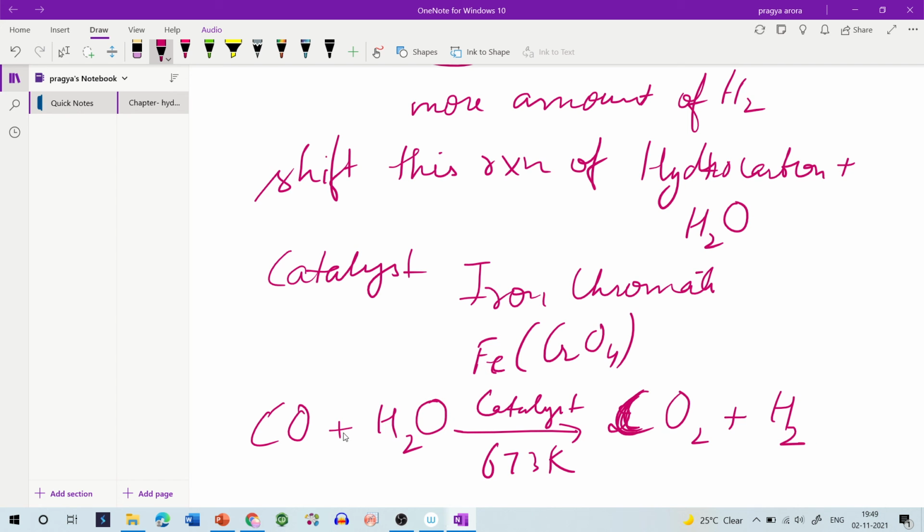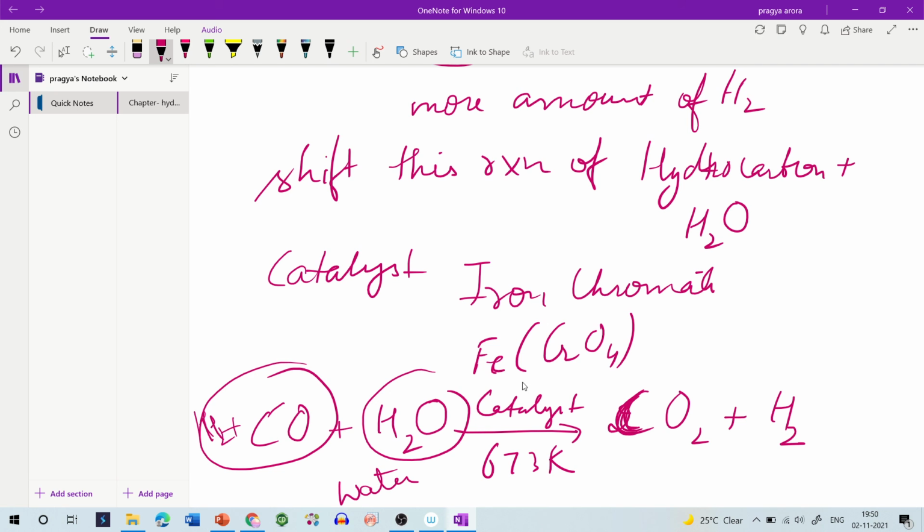So, if you add water to the above syngas mixture, where H2 was already present, in the syngas mixture you have CO plus H2. To this, if you add water in the presence of this catalyst, the reaction will convert carbon monoxide and more amount of H2 will be released.